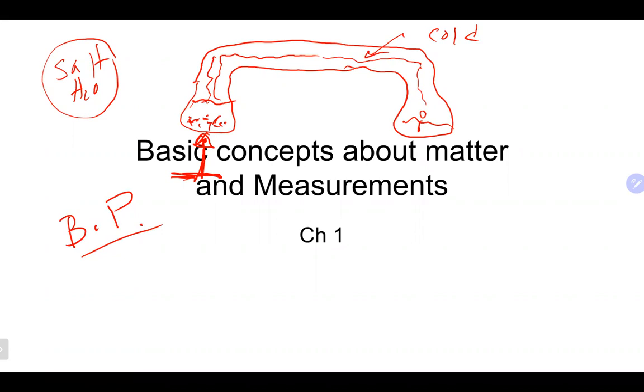So by taking advantage of the physical property of boiling point, we could separate out that water from the salt. And again, in this original mixture, when you look at it, you can't see the salt there. It just looks like water. And we're able to actually get back both components. This process, by the way, is what's referred to as distillation.